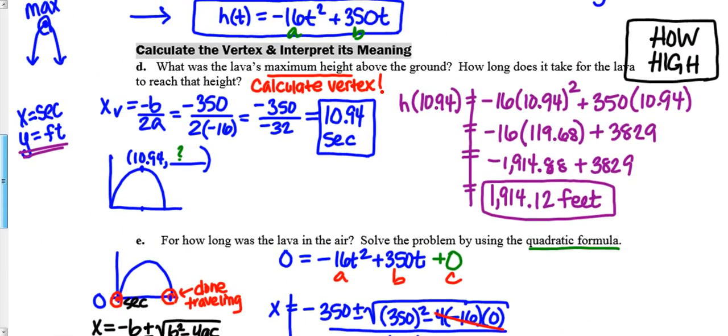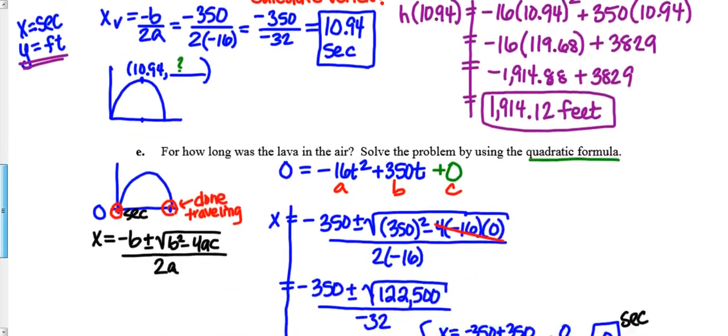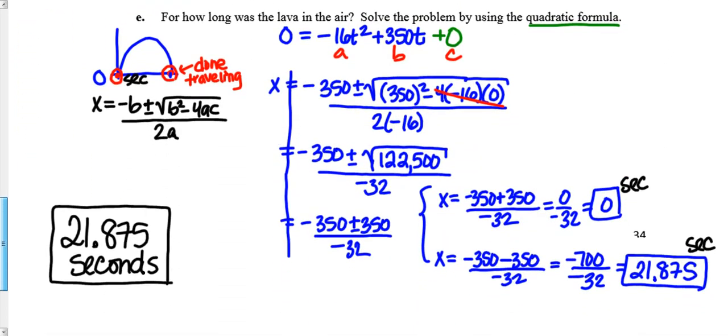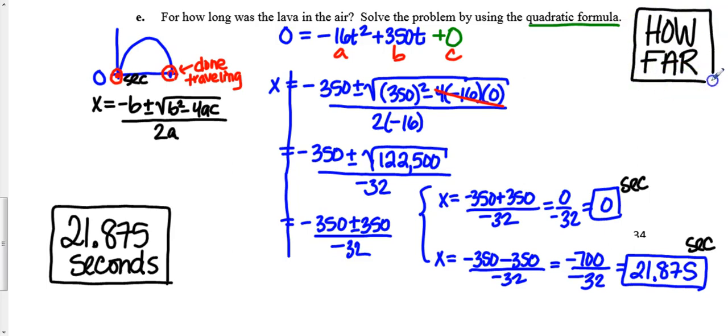So next to part D, we had written how high. Next to part E, we're going to summarize this in big capital letters by writing how far. So if I'm ever asked how far did something travel, I know that I will be setting it equal to 0 if we're talking about something hitting the ground, unless it's a different given information.